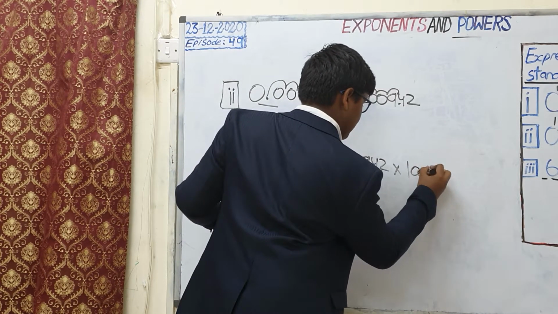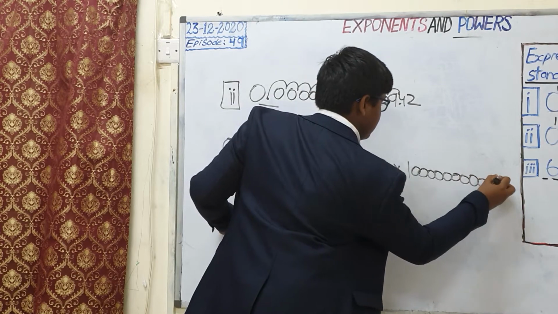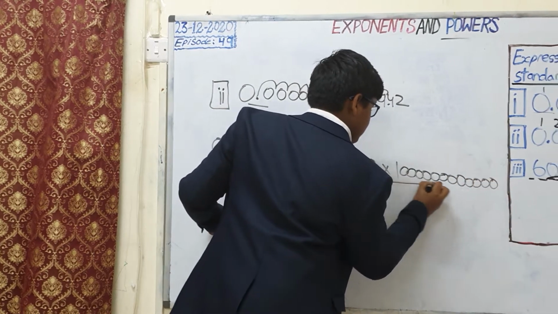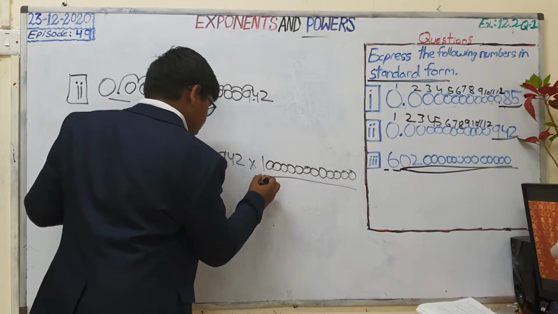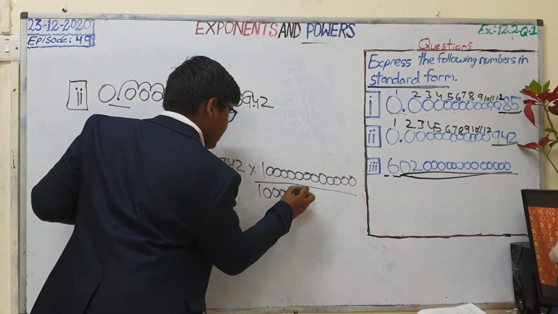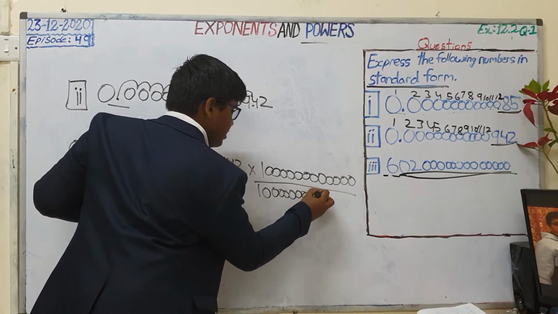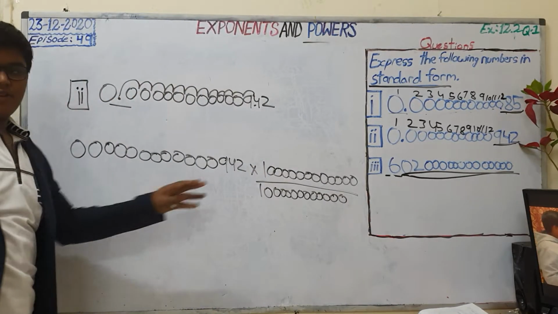Then write the same number in the denominator also: 1, then 12 zeros. Here also we have 12 zeros.